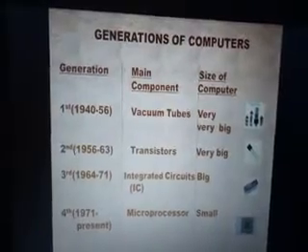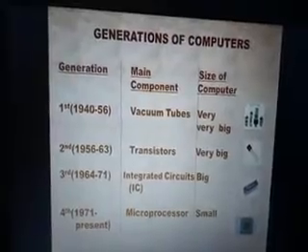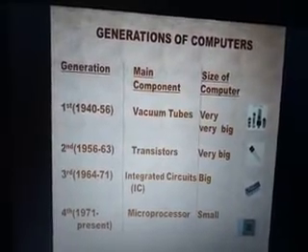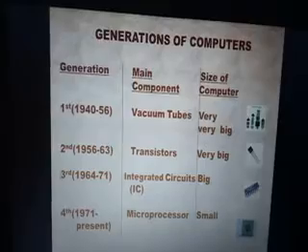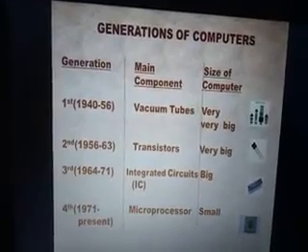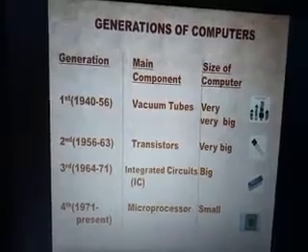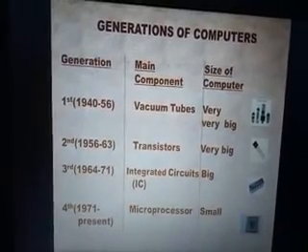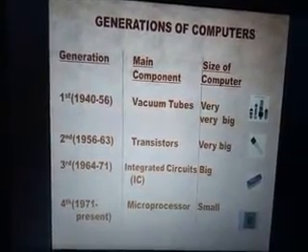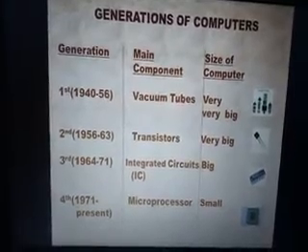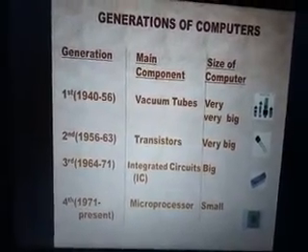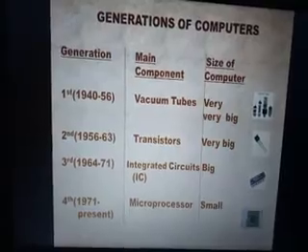So here we have a chart on generations of computers. If you look at the left hand side of the slide, you will find a column called generations. The first generation computers were those made in the 1940s to 1956. Second generation computers came from 1956 to 63.